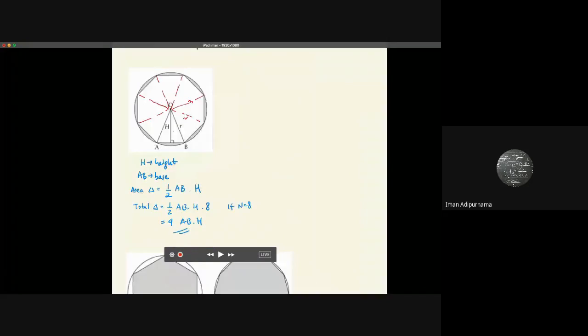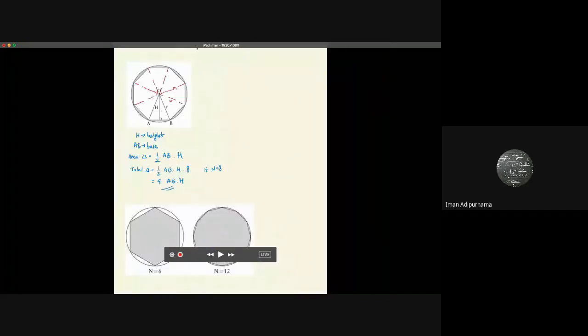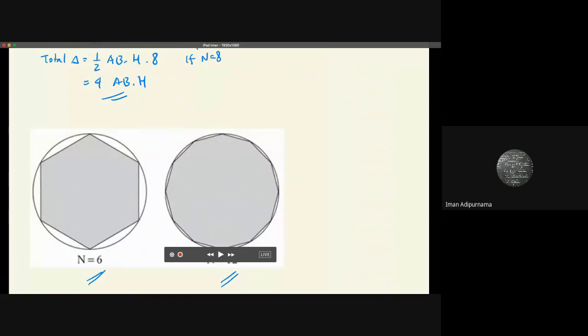And we can increase our n, right? We can increase from this 6 to this 12. And when you see this picture, when you increase n higher and higher, it's getting closer to a circle, right?